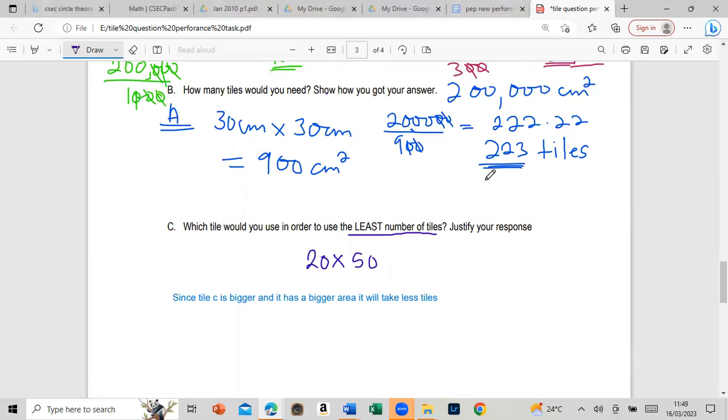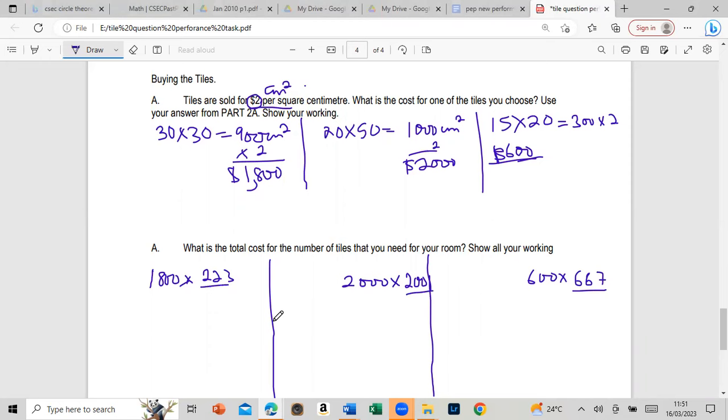It's 1,800 multiplied by 223, which gives us $401,400. That's the total cost.